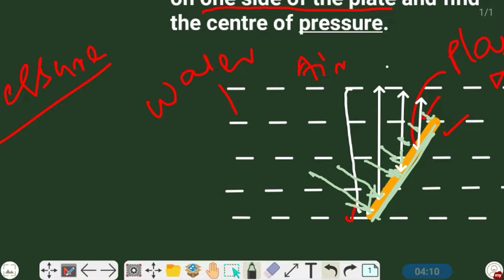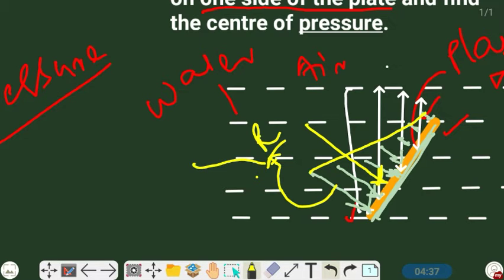Before that, we need to understand one more thing. These forces are varying, but we can make a single resultant force. We can assume that this force acts at a certain point. Let's suppose the resultant of all these forces acts on this point. That resultant force is known as the hydrostatic force.